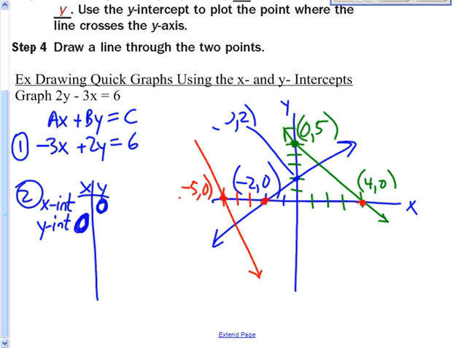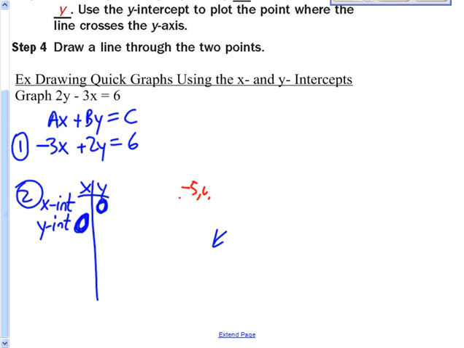All right, let me erase this and let's actually graph this line here. Okay, so first of all, find the x-intercept by letting y be 0. So let's do that. We're going over here and we're going to say our x-intercept, we let y be 0 in the equation.